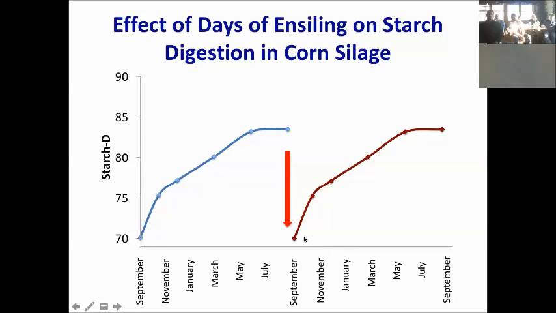Some of you may have to fill the silo today and feed out of it tomorrow. So there's no length of ensiling. And so you're potentially switching from here to here, and it sort of explains the reason why sometimes you may have that issue of cows really not milking to their full potential in the fall.